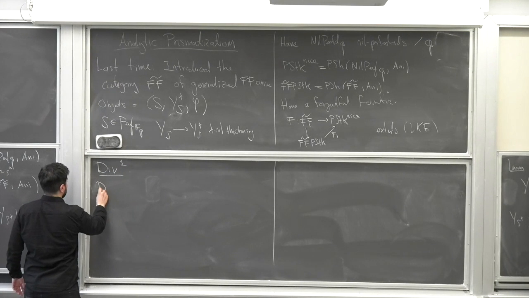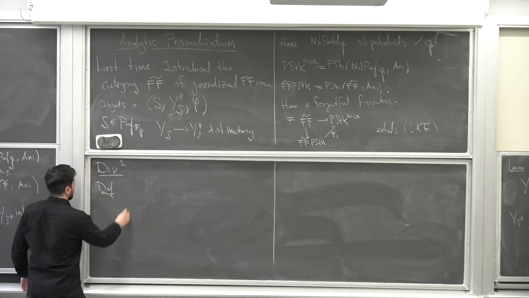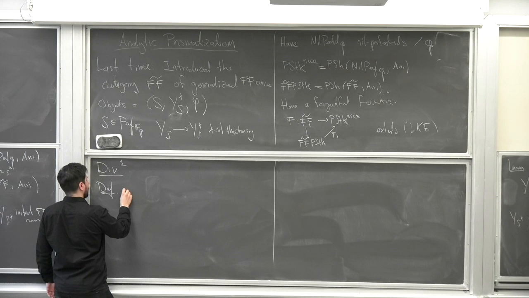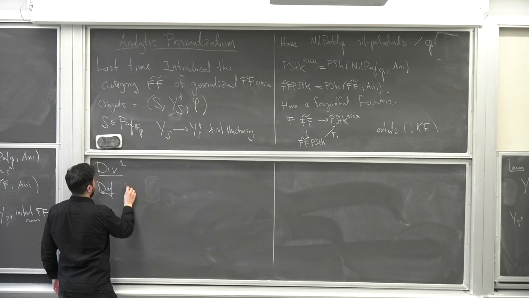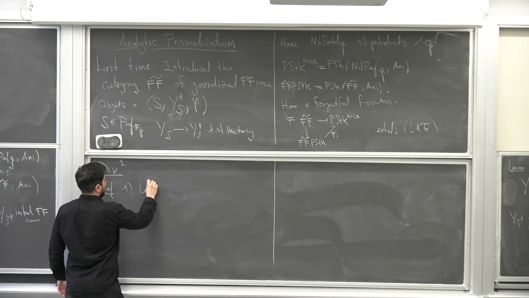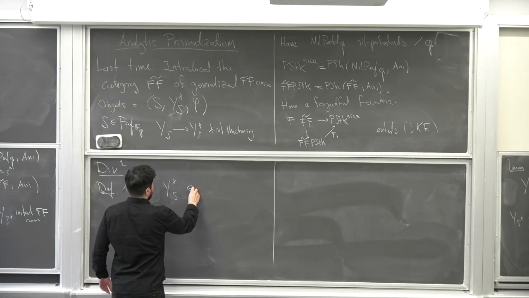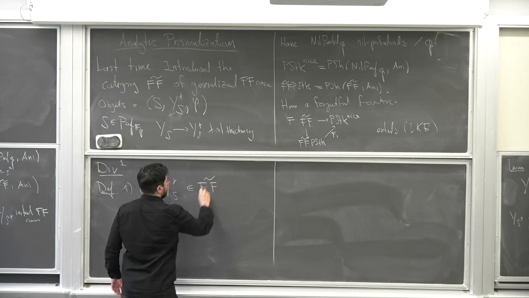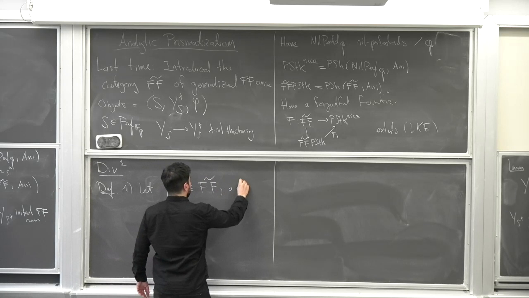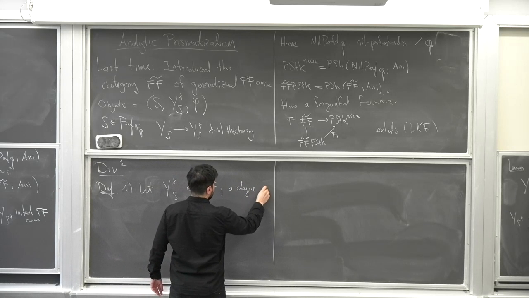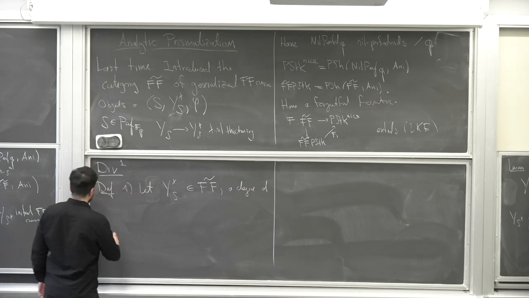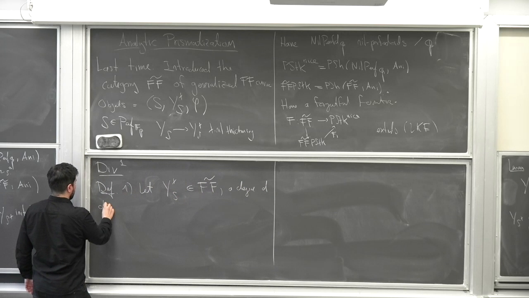So, definition. First, let's take some kind of generalized fractal picture here. So a degree d, and we can define a divisor.